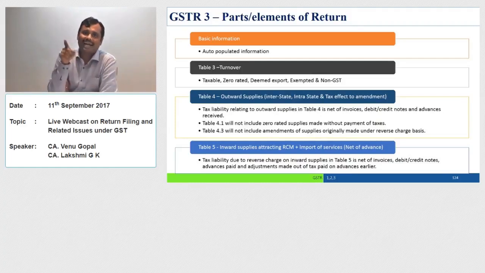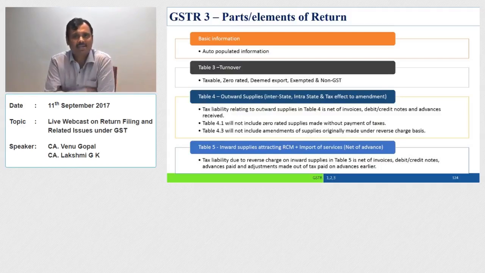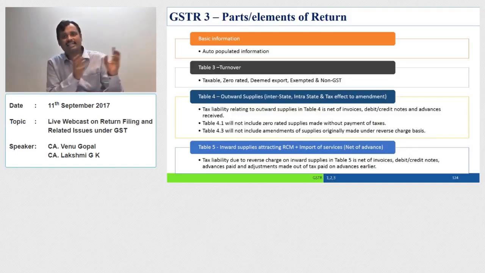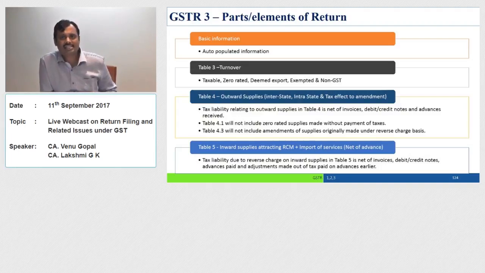Now when I add it in the subsequent month, what is happening? My liability goes up and naturally comes into my table 4 of GSTR 3, because I've added it in my regular GST outward supply. However, since I over-reported my B2C sales in the earlier period, I will also make amendments to B2C supplies in the current month, which means I will lower my B2C supplies.